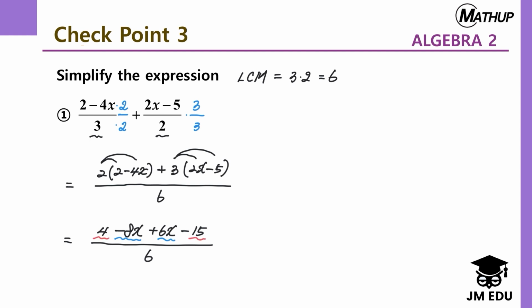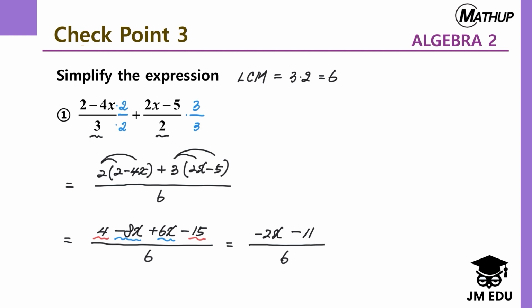So if we simplify this, that's going to be negative 8 plus 6, that's minus 2x. And 4 minus 15, that's minus 11 over 6, right?